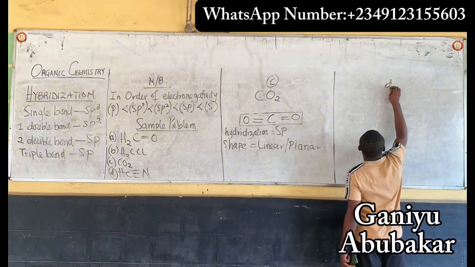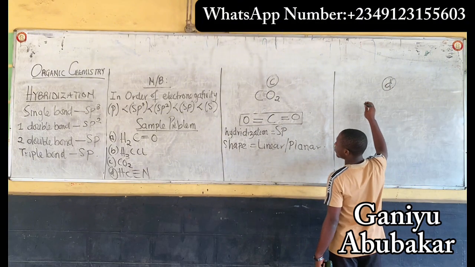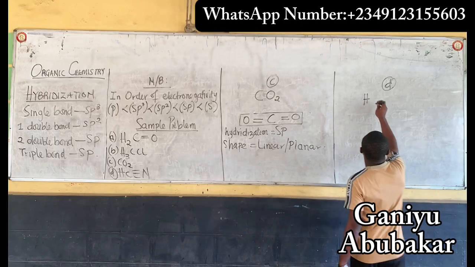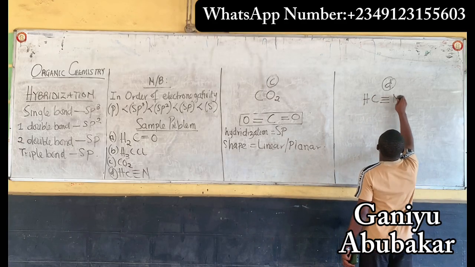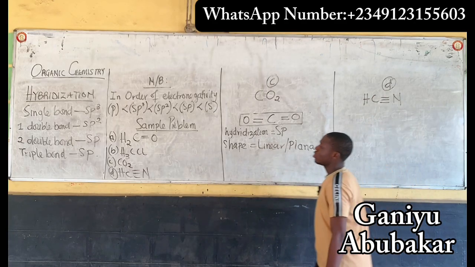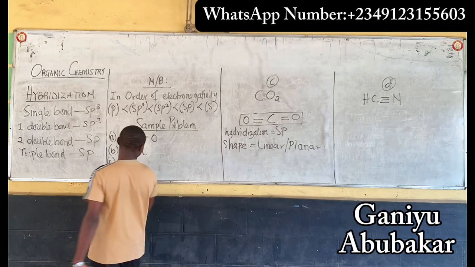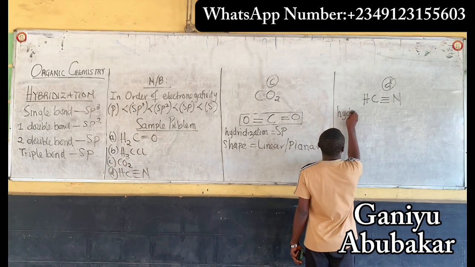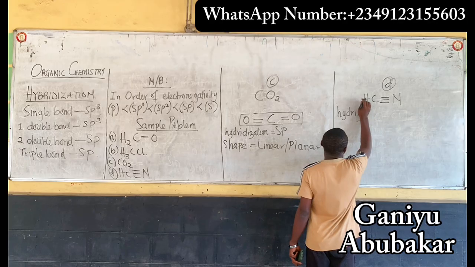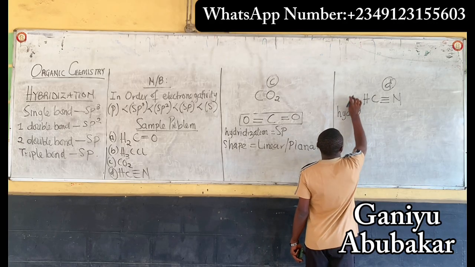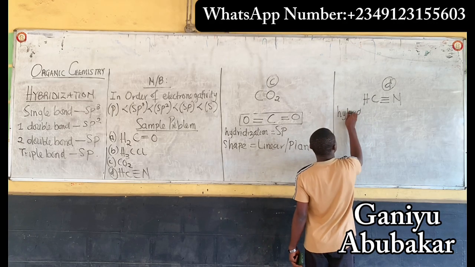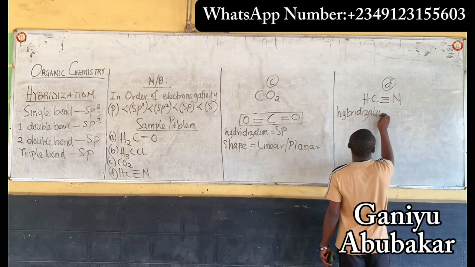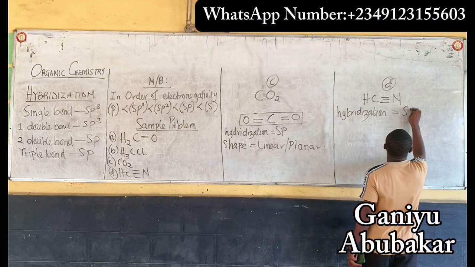Finally, let's do D. For D, I have HC triple bonded to N. A triple bond is what? sp. So the hybridization for this molecule is sp.